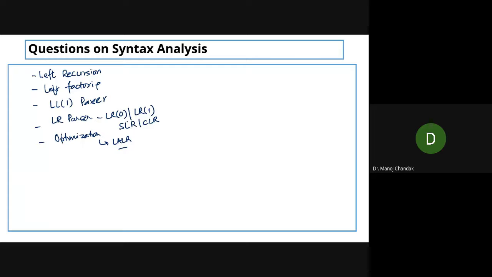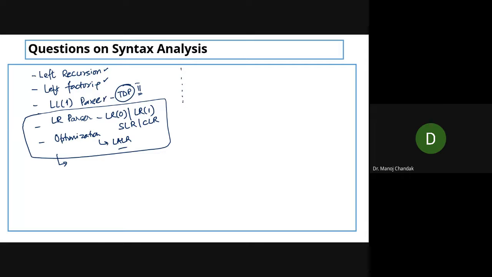Okay. And most of the time, people make use of LR parsers because they are quite accurate. They provide better speed, and they also permit left recursion and left factoring. So there is no need to resolve left recursion and left factoring here, whereas LL1 is a top-down parser, and it is basically generating the string, but it takes a lot of time to generate the string as compared to an LR parser.